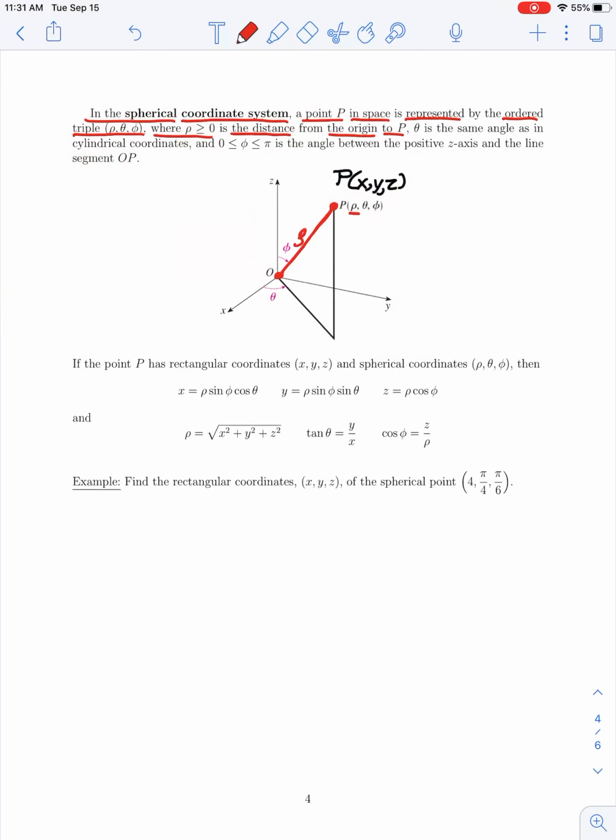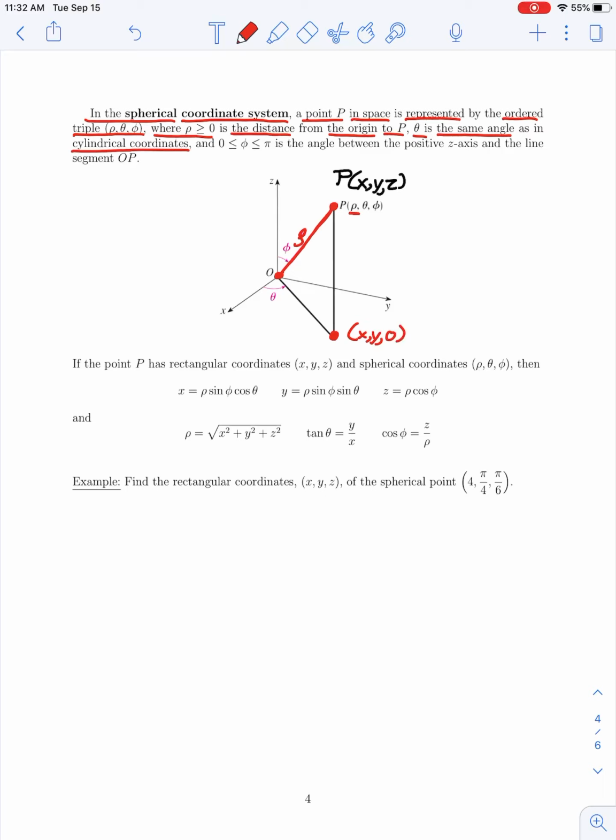Now, theta will be the same angle as in the cylindrical coordinate system. That is, if I think about the projection of this point P down onto the xy plane, I would have the value x, y, 0.